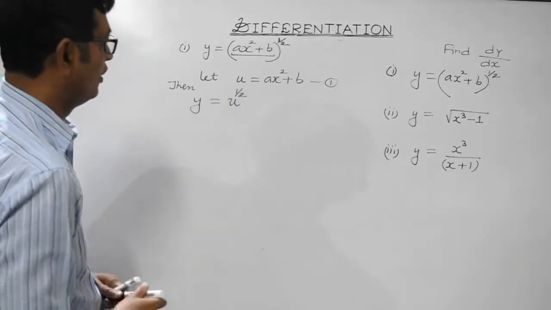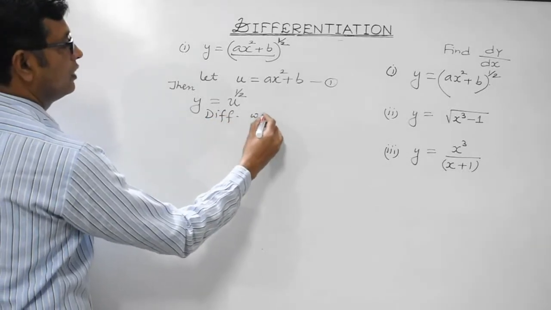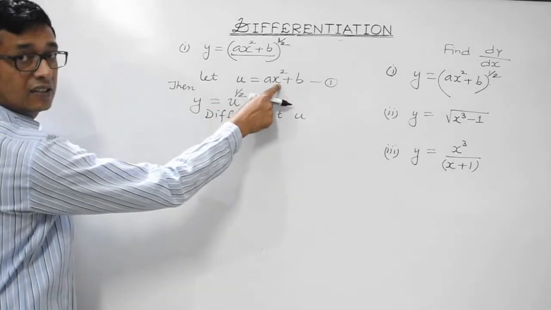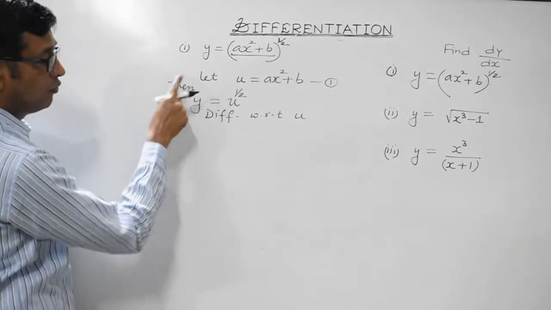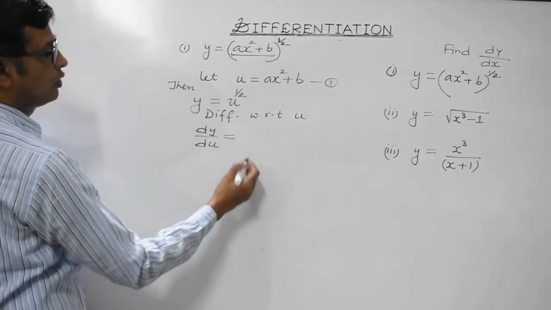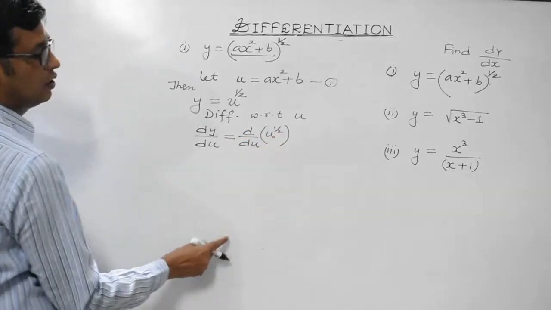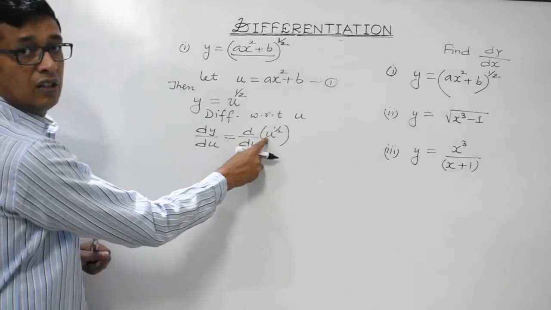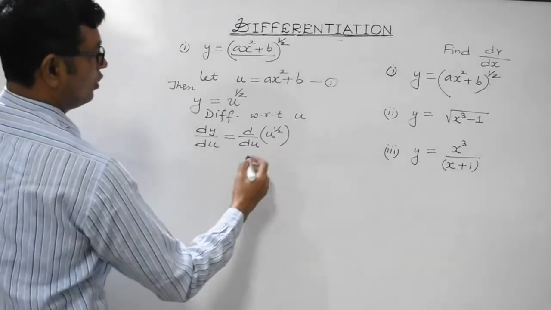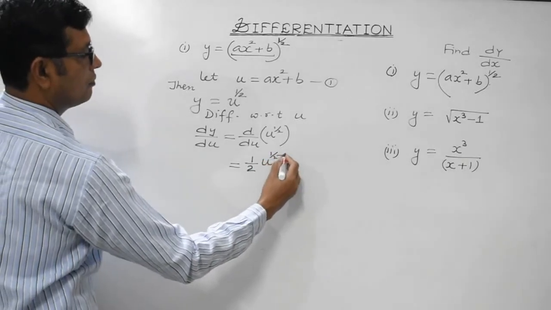Isn't it? So we can differentiate it with respect to u. U is a function of x. So here we are differentiating y with respect to u. So what do you get? dy by du is equal to, using the formula, half u to the power half minus 1.